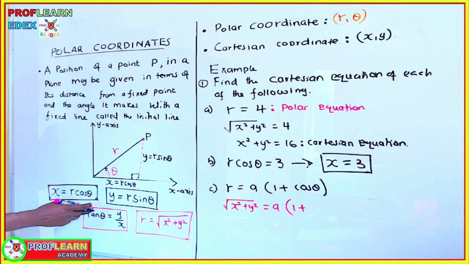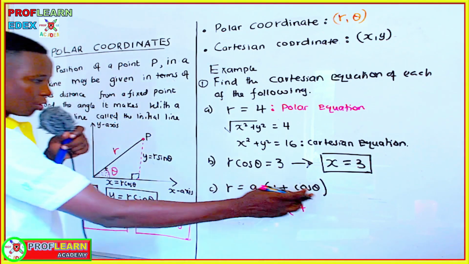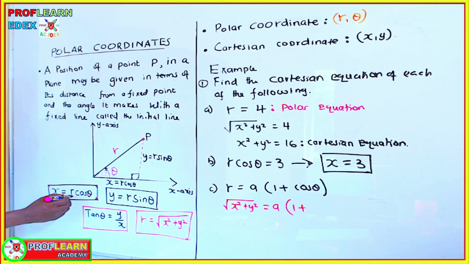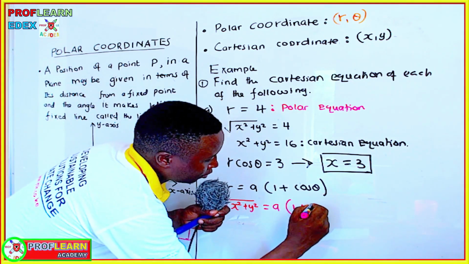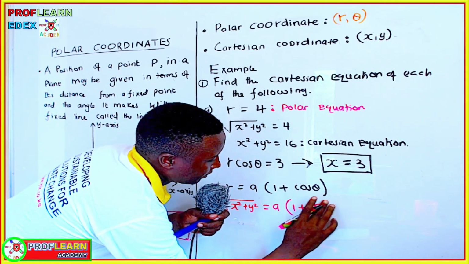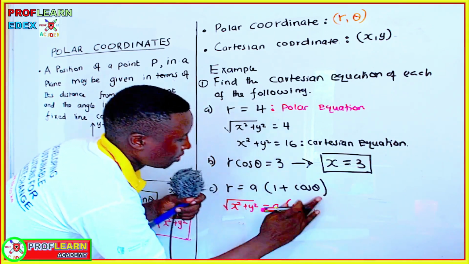But if you look at cos theta, we are going to get it from this point here. So cos theta is going to be x over r.